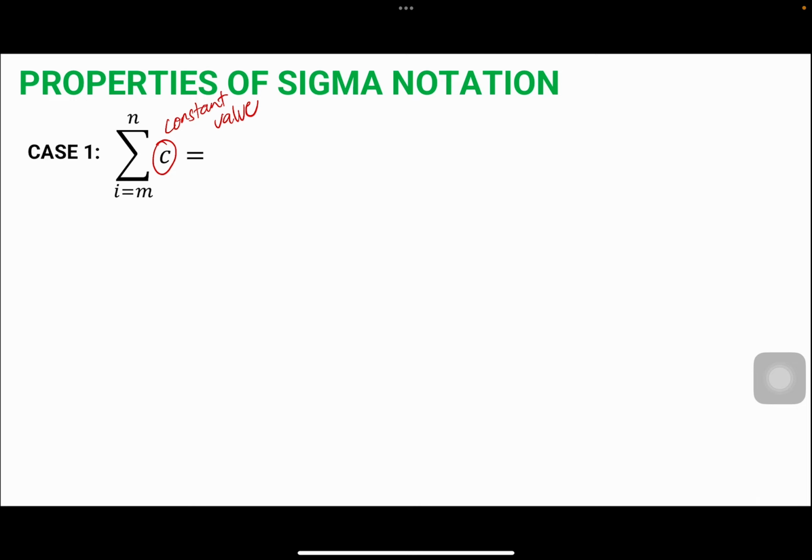Okay? Then, we will have properties na equal sa C times the N minus M plus 1. So, pag may constant value lang tayo, we will just use the formula na C times the quantity of N minus M plus 1.